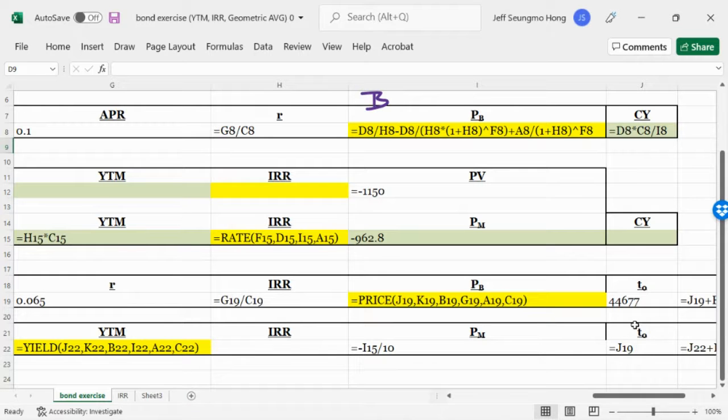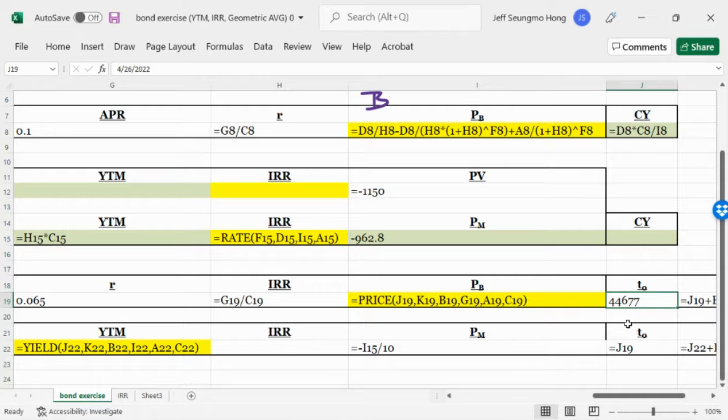I don't know if you have noticed, but when I turned it into a formula view, T0 is showing as 44,677. So what does that mean? That was supposed to be some April, 2022.